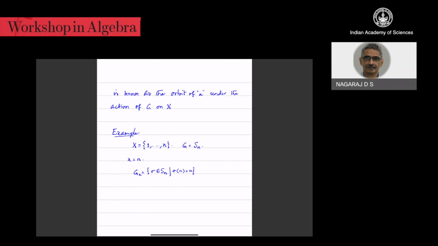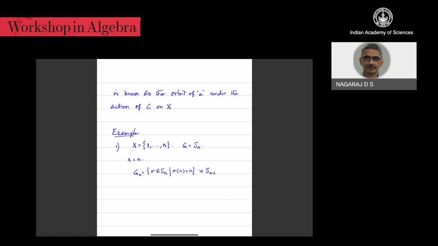So this is a subgroup which we can identify with Sn minus 1, because if you take any permutation of 1 to n minus 1, then we can extend it to a permutation of 1 to n by sending n to n. So I can identify this with Sn minus 1. It is a permutation of the subset 1 to n minus 1, that is, the bijections of that set.